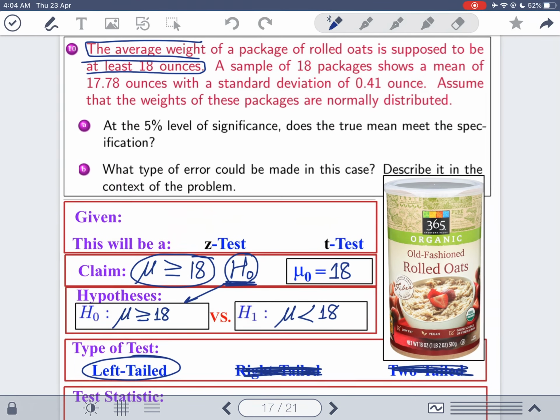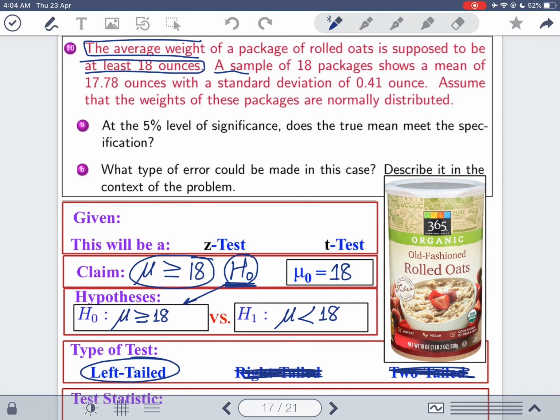Okay, so let's read. A sample of 18 packages, so the sample size is 18 packages, shows a mean of 17.78 ounces. So this X bar is 17.78 ounces, with a sample standard deviation of 0.41.